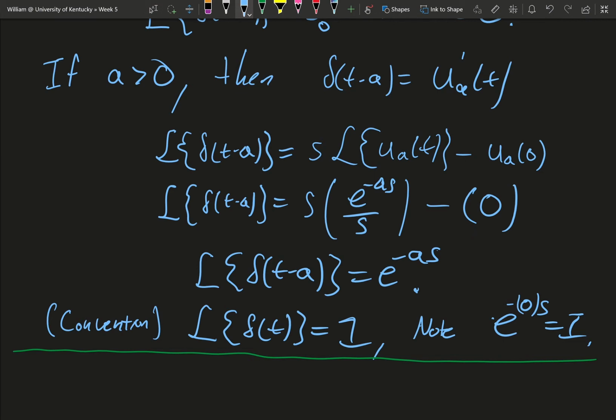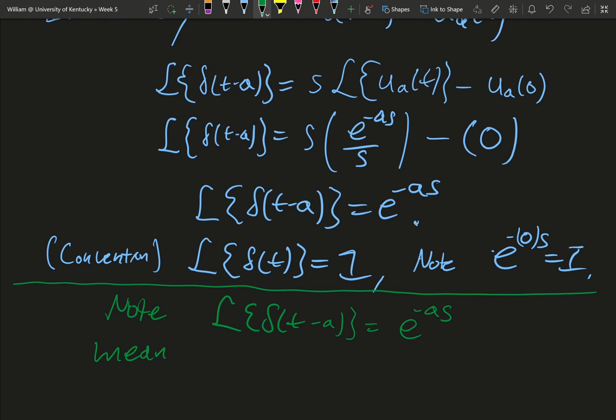So one thing that this says, if I use the integral definition, means that somehow this integral is equal to e to the negative as.